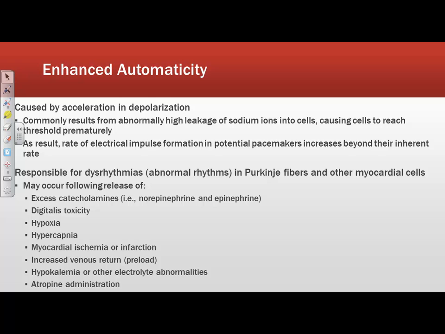These ectopic foci, these rhythms that are anything other than a normal sinus rhythm, could be created by any of this right here, all right: medication toxicity, excessive release of epinephrine, norepinephrine, things like that, infarction. Cardiac cells aren't getting oxygen. They're going to become irritable. Electrolyte abnormalities and other medications, okay?